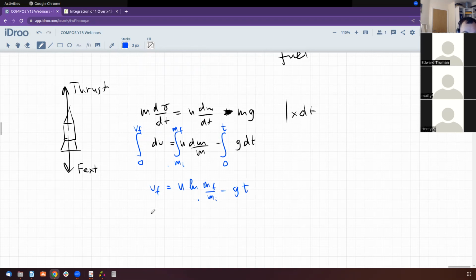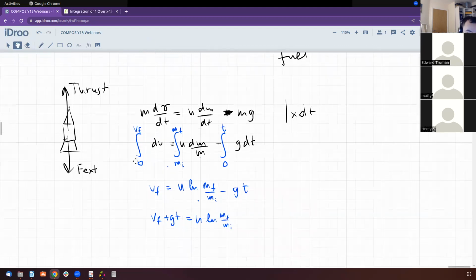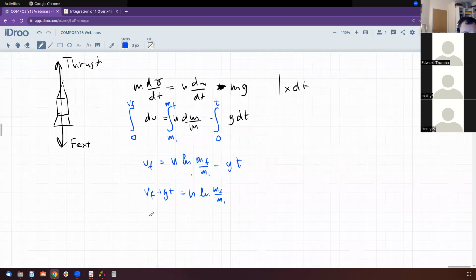So Vf plus gt is equal to u ln mf over mi. And what do we need to find? Oh, we need to find how much fuel. Okay, so we have e to the power Vf plus gt over u equals m final over mi.